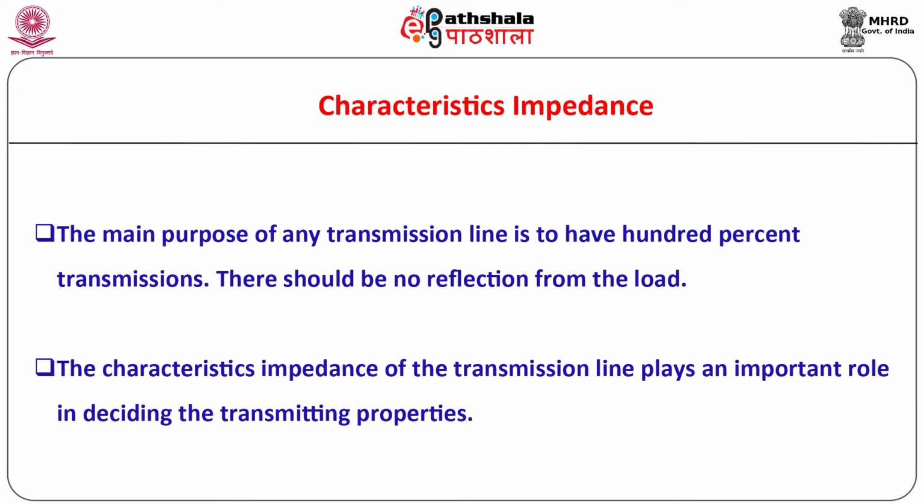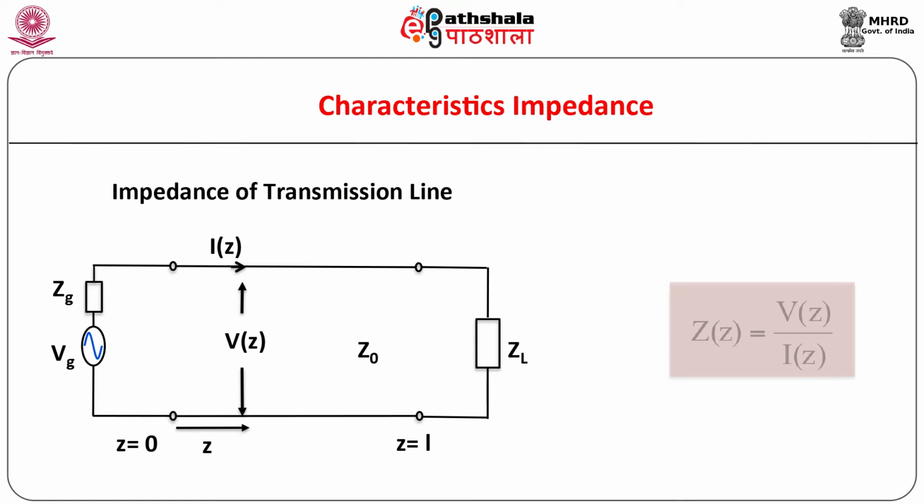microwave frequencies. Analysis of a transmission line includes mainly the determination of voltage and current along the transmission line at different distances from the generator at a given time. These quantities, that is V and I, in turn can be used to determine the load impedance Z, which is given by V upon I at a given point on the transmission line.